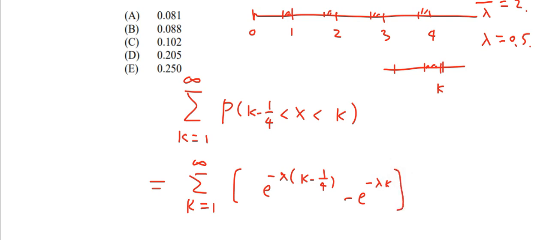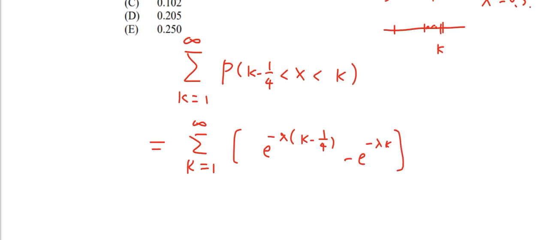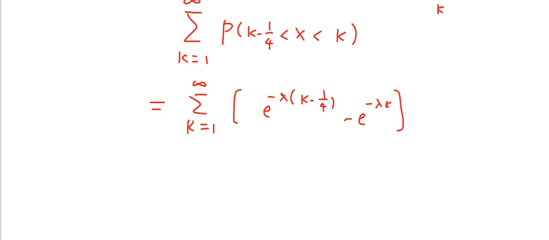Right? So here we simplify. We can take this e to the negative lambda K outside, so this equals e to the lambda 1/4 minus 1.